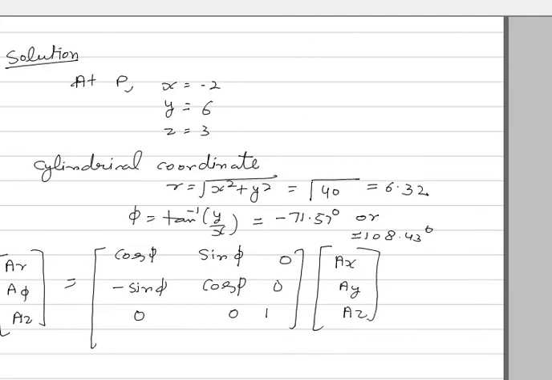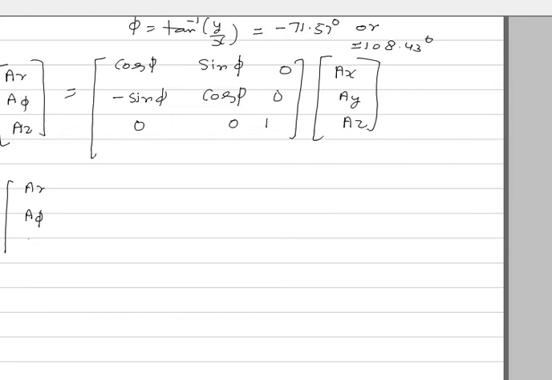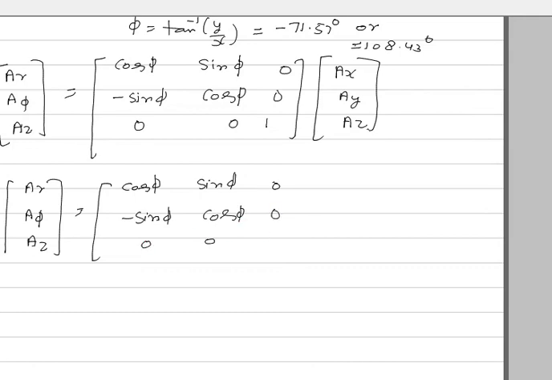Again in the second row we can write AR, A phi, AZ equal to the same matrix, cos phi, sin phi, 0; minus sin phi, cos phi, 0; 0, 0, 1.